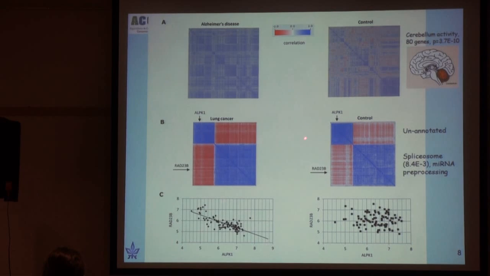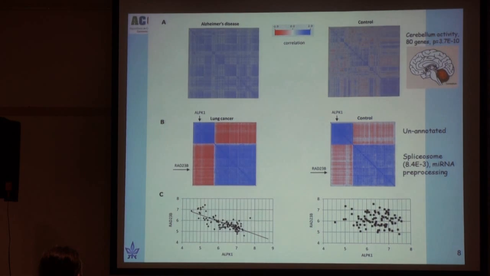And just an example, you see these two genes, ALPK1 and RAD23B. This is their correlation in the cases, and this is their correlation in the controls. You see that they are virtually uncorrelated in the controls, but they are strongly negatively correlated. And indeed, this is a red point here in the cases.